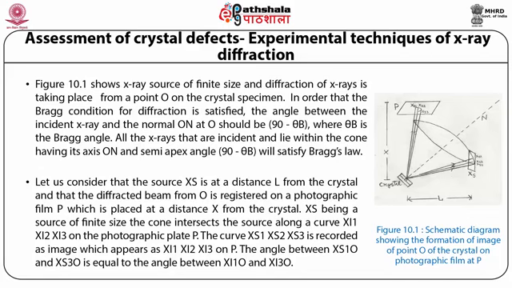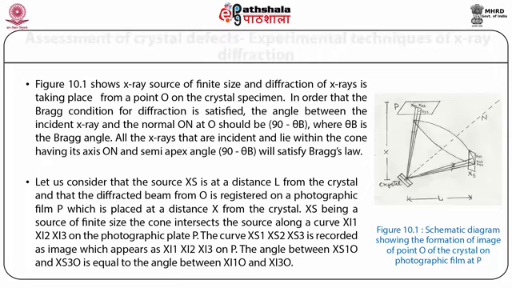The curve xs1, xs2, xs3 is recorded as an image which appears as xi1, xi2, xi3 on P. The angle between xs1O and xs3O is equal to the angle between xi1O and xi3O.